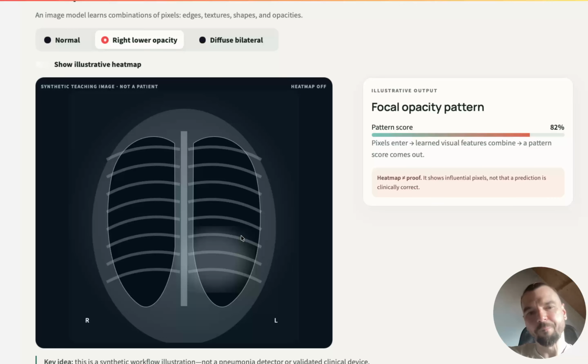And it learned also on labeled X-ray scans.